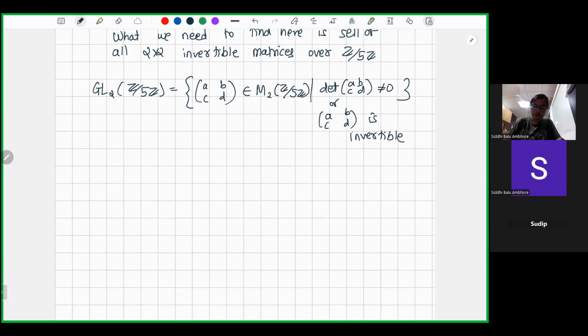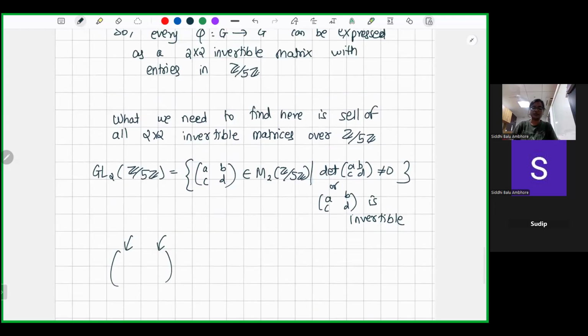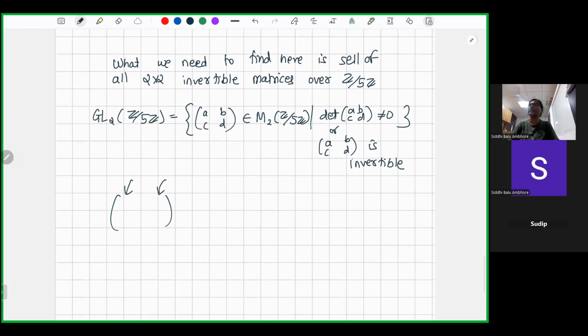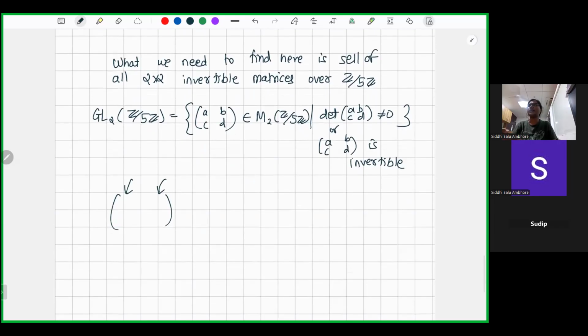Since I have to find a 2 cross 2 invertible matrix, what I need to find is just two independent vectors in Z5 such that their determinant is non-zero, and the moment it is non-zero the matrix will be invertible because we are in a field.